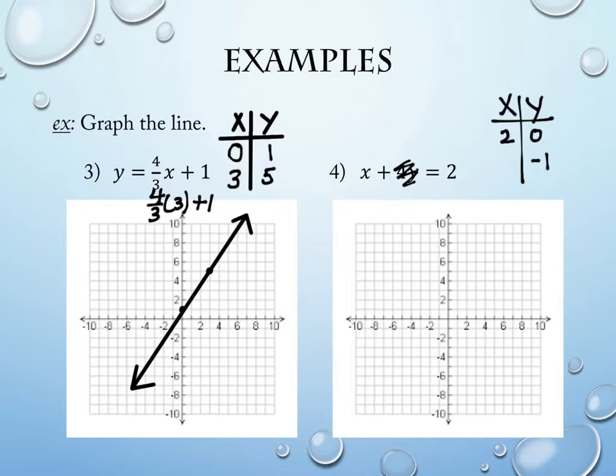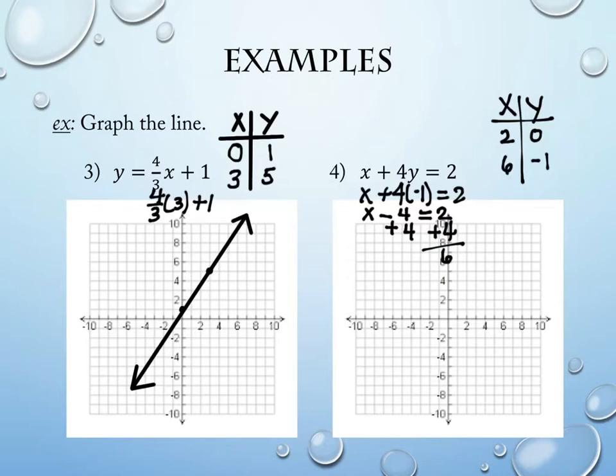So if y is equal to negative 1, then we'd have 4 times negative 1, so you'd have negative 4. So x minus 4 is equal to 2, and then you can add the 4 to both sides. So you'd end up getting x is 6.